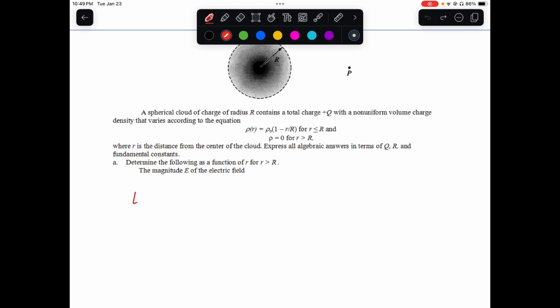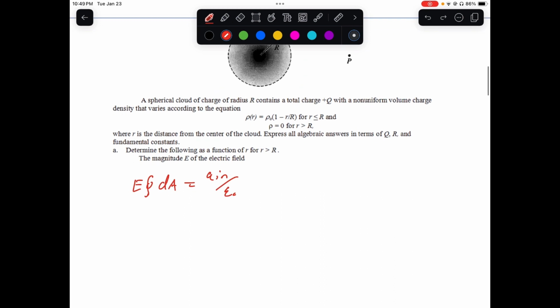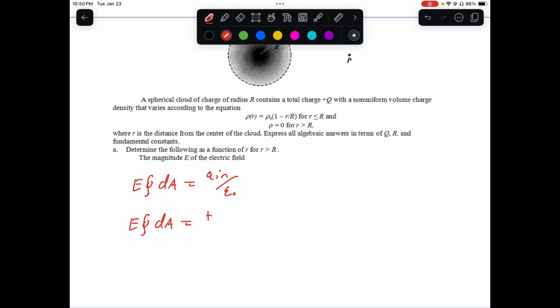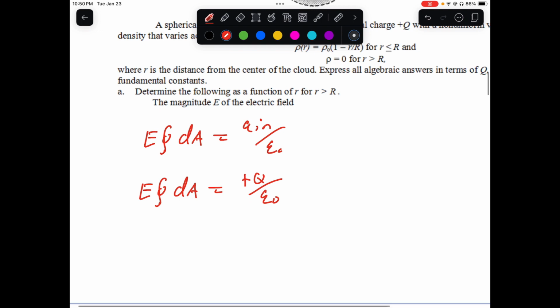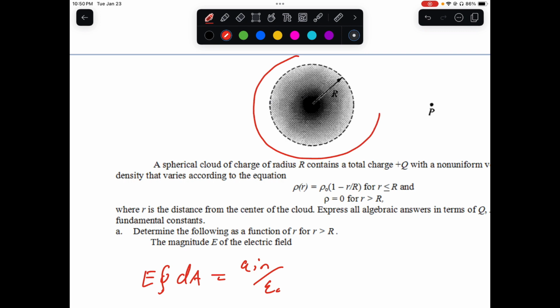Our intuition hopefully leads us to see that as long as we stay outside the cloud, we have the entire charge contained within. So the little q inside there is our entire plus Q. Our Gaussian surface would be a perfect sphere that goes around the outside.